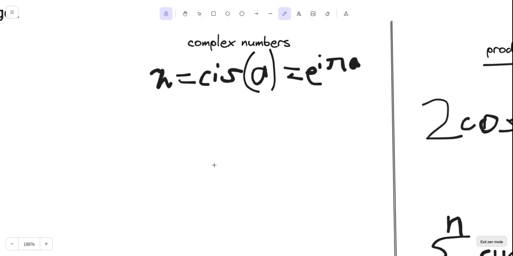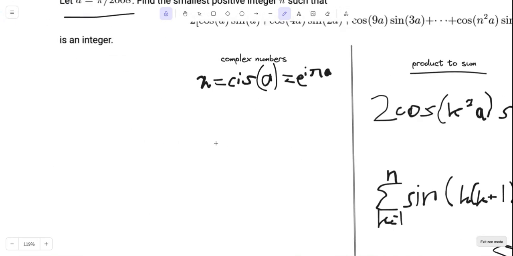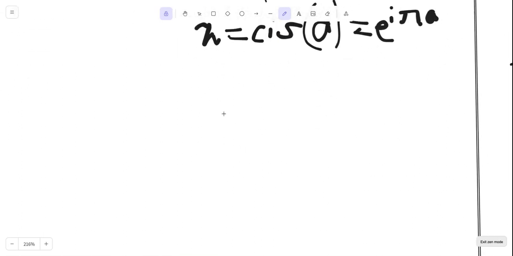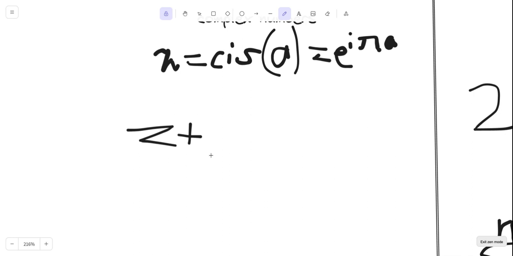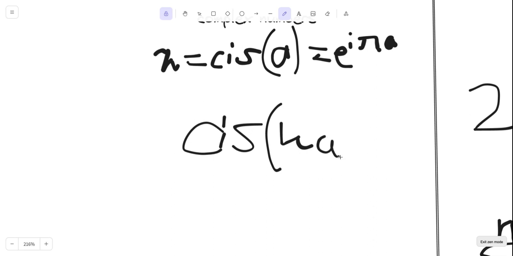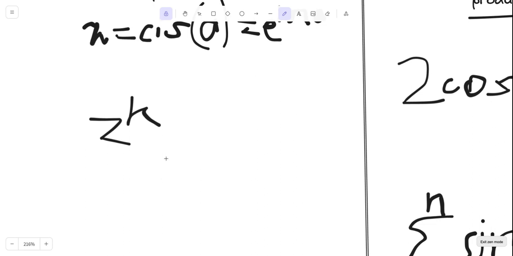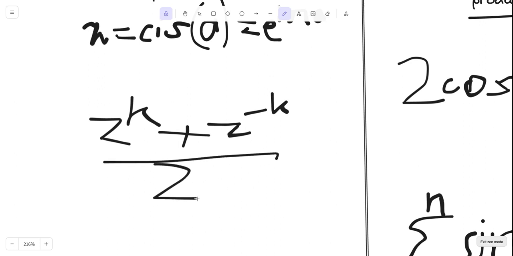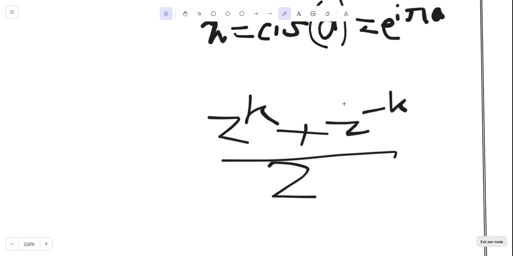Okay, so our general term over here, I wrote it over here to notice that if we wanted cis of ka, we need z to the k. And if we use the way to get cosines from that, we're adding the conjugates and their actual numbers, adding them, and then dividing by 2.